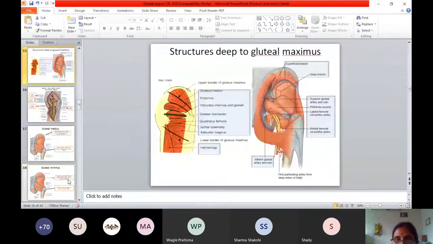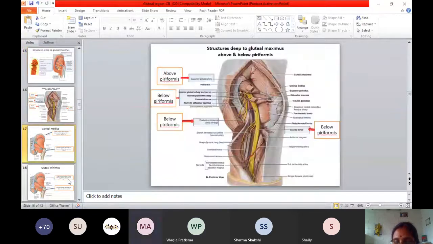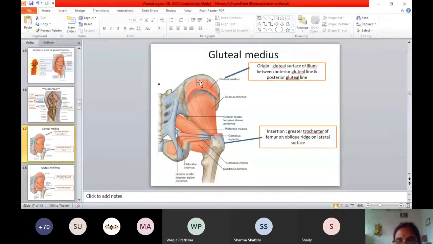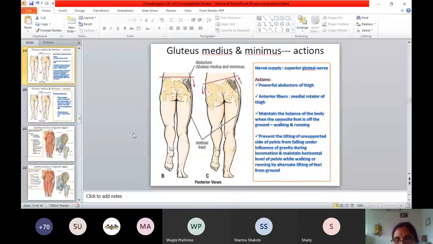Then deep to gluteus maximus, the other muscles I have taught you today are gluteus medius and gluteus minimus. Importantly, they are abductors as well as prevent the unsupported side of the pelvis from falling under the influence of gravity. Confident? Yes, ma'am.